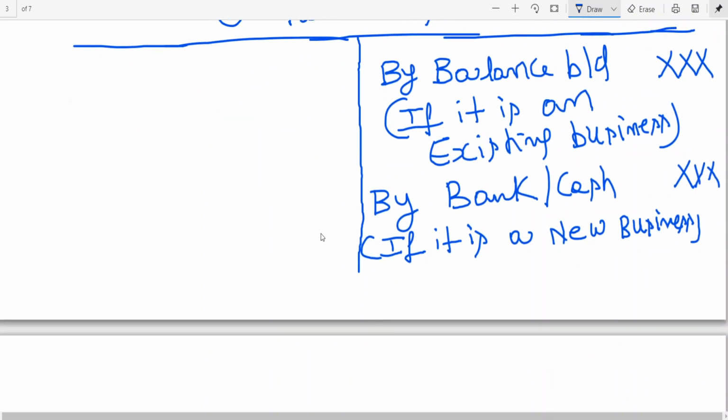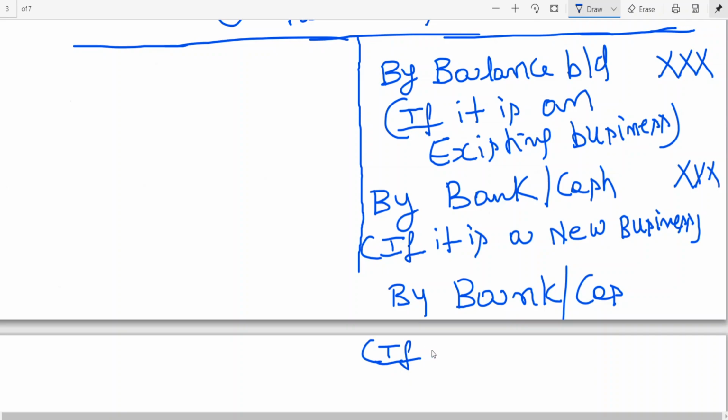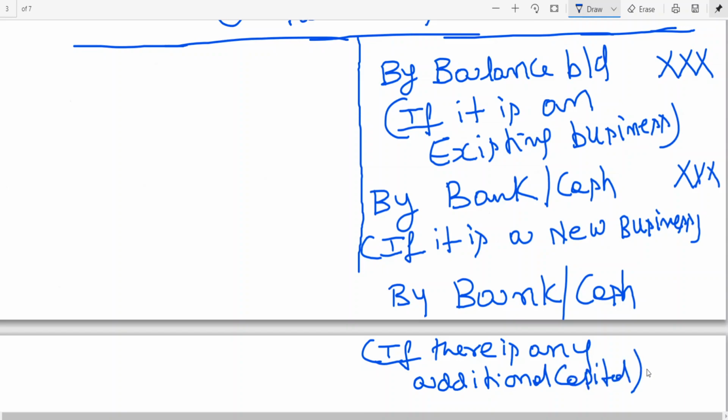Then for additional capital, if there is any additional capital, again you write by bank or cash.